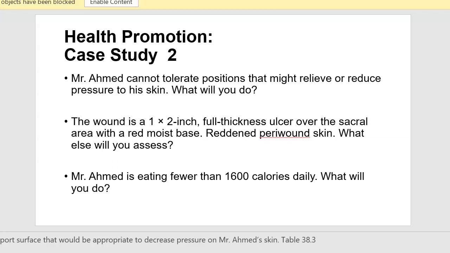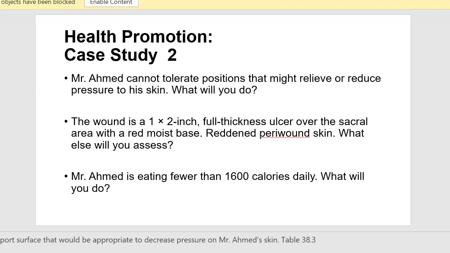That may include a special bed or a special mattress for him that will relieve pressure. And we know that he has this wound that's about 1 by 2 inches. It's full thickness over the sacral area with a red moist base. He has reddened skin around the wound.